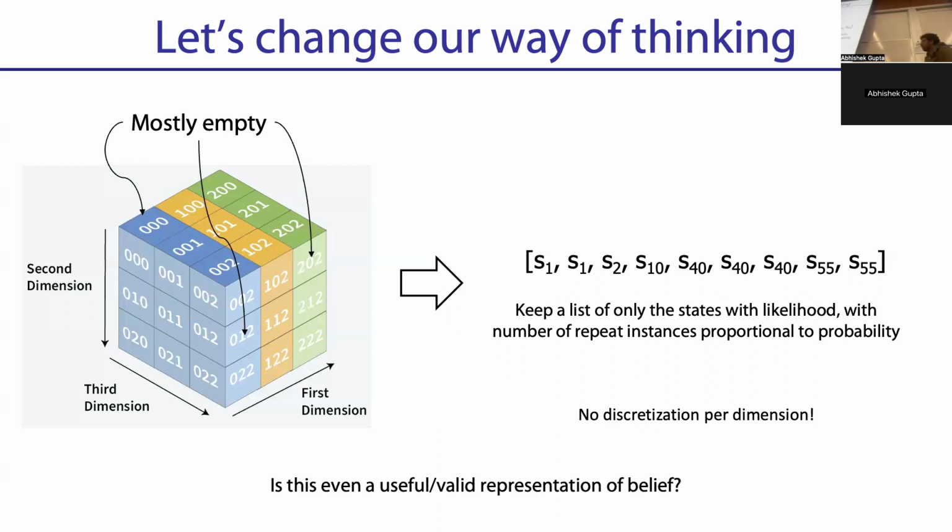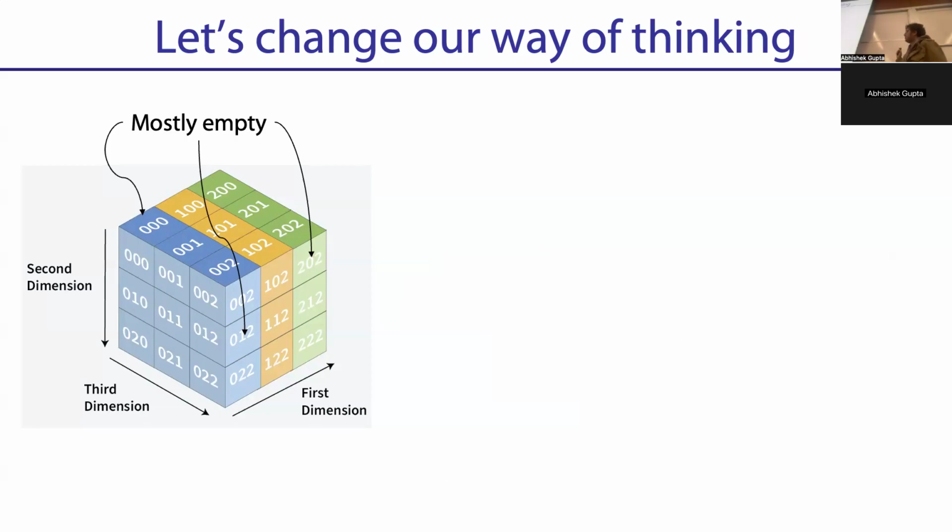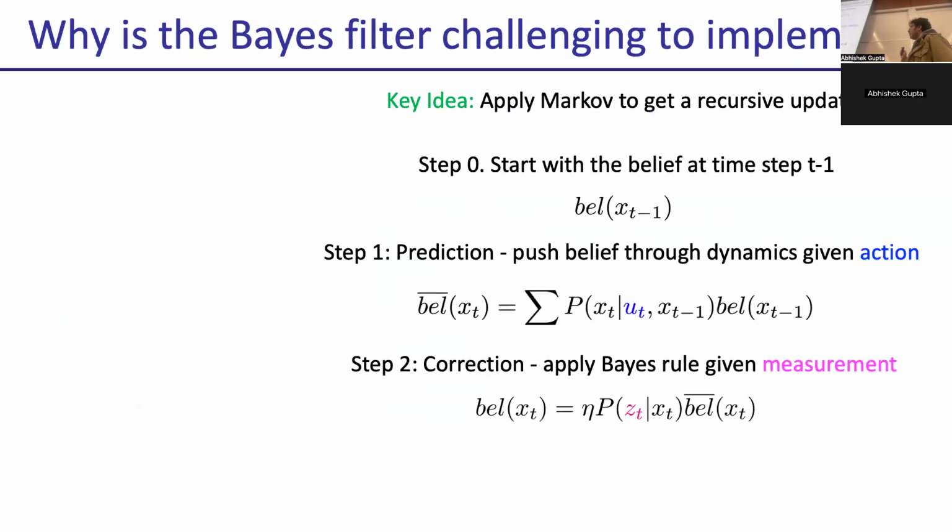Okay, so this seems like I just introduced a construct, right? This construct of representing belief as a set of particles, but it seems a little arbitrary. So can we do all of the operations of the Bayesian filter with this representation of belief? So far what we've done is we've taken our Bayesian filter.